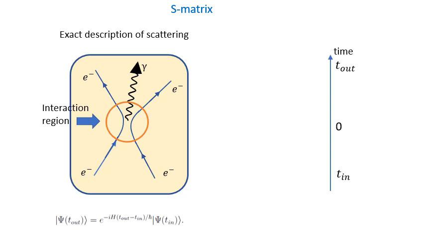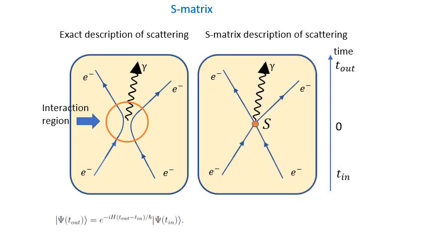In quantum mechanics, it can be achieved by applying the full interacting time evolution operator to the initial vector state. However, such dynamical calculations are extremely difficult. To make their life simpler, physicists invented a remarkable approach called scattering theory.